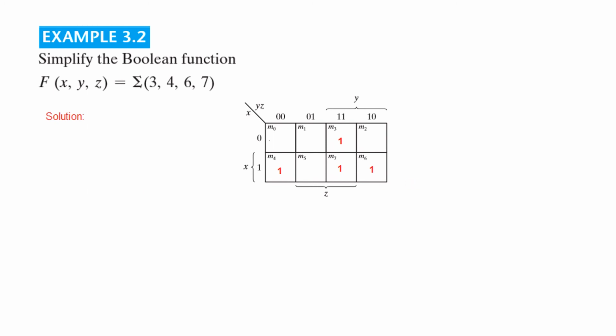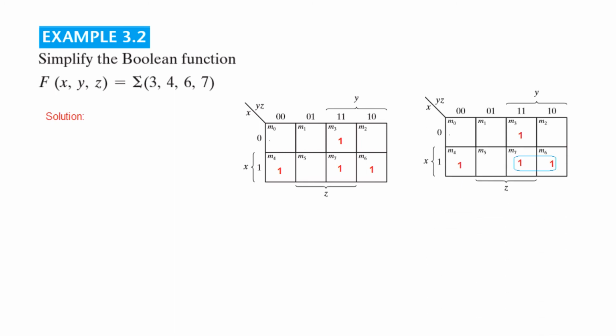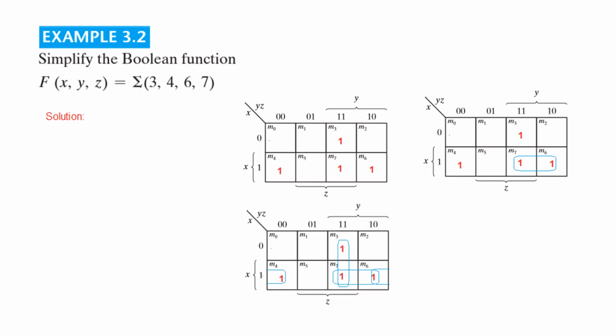Now there are several options to choose for simplification. First of all, let's see, we pair these two. Then what will happen? This will be left without pair, this will be left without pair. We could also pair all of them, like this is one pair, this is one pair, and these two another pair, but this will be too much or redundant.